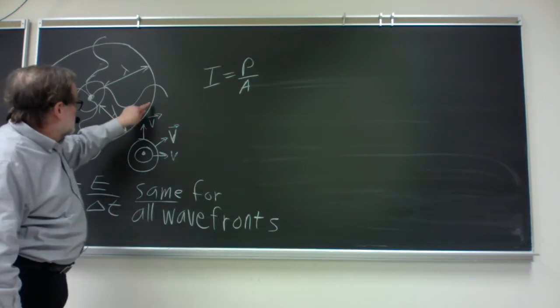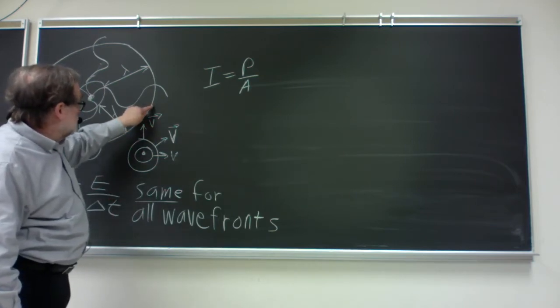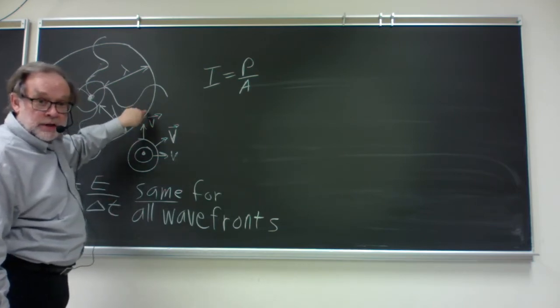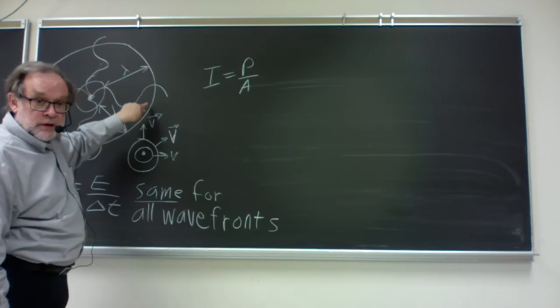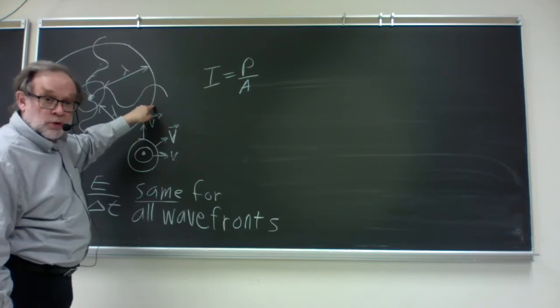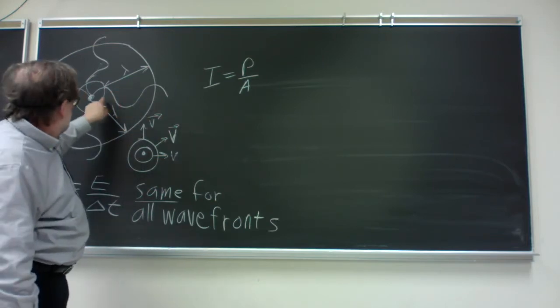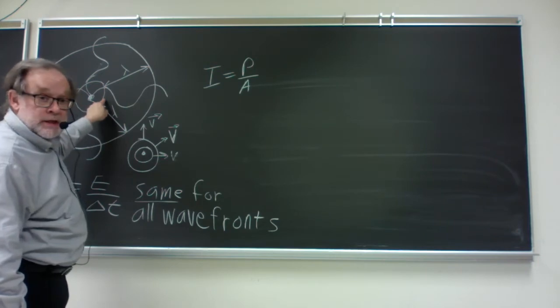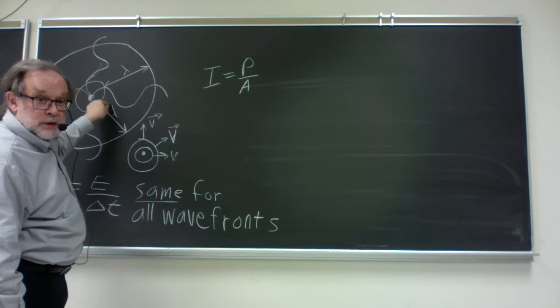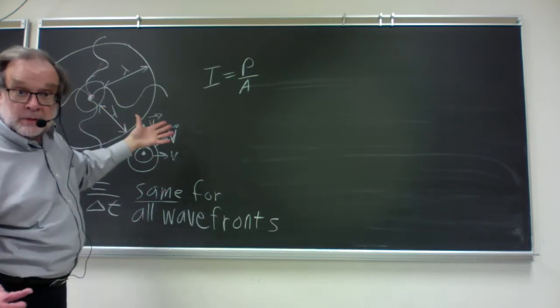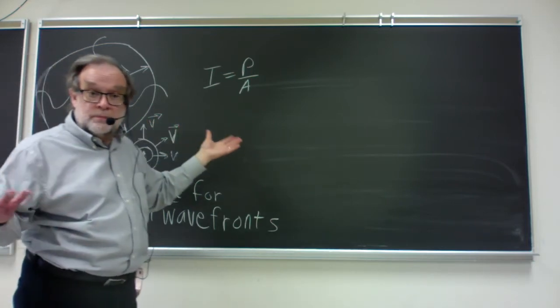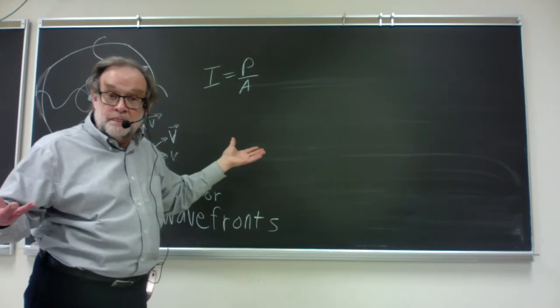So the points right here on this bit of this wavefront all pass through this location in a certain amount of time, and the comparable points here on a smaller wavefront will pass through this point in the same amount of time because all the wavefronts move at the same speed.